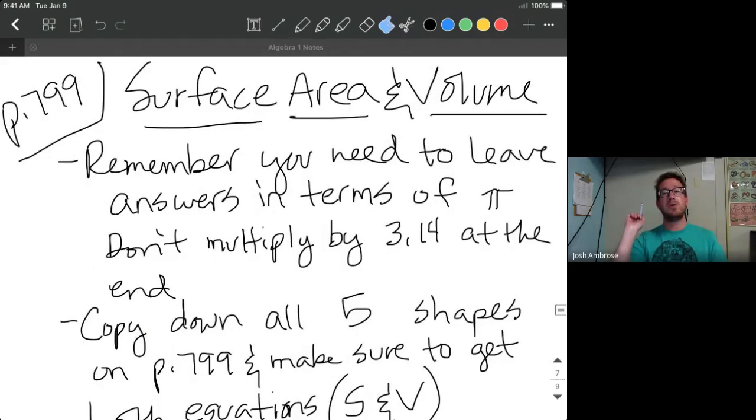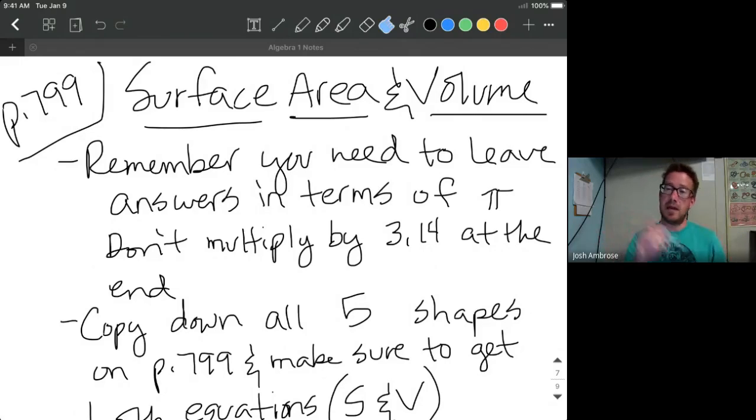Remember, you have to leave your answers in terms of pi. That means that when you get to the step where you would have a number multiplied by pi, remember pi is 3.14, you're not going to do that. You're just going to leave your answer as a number and then the symbol for pi. So let's say you got down to the step and it is 8 multiplied by pi, you're done.